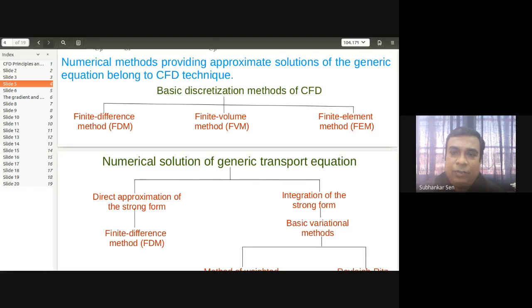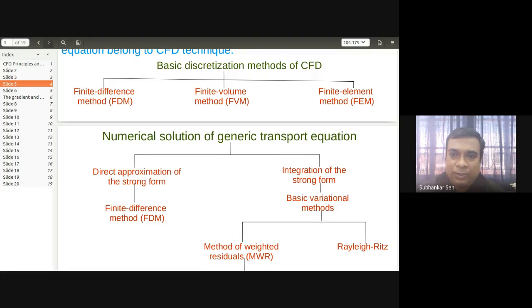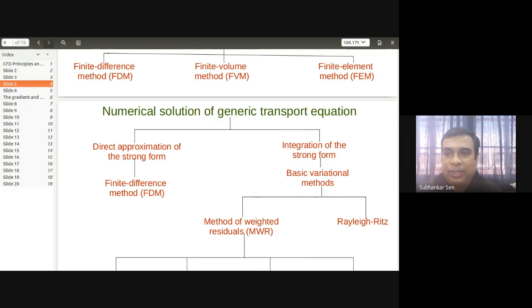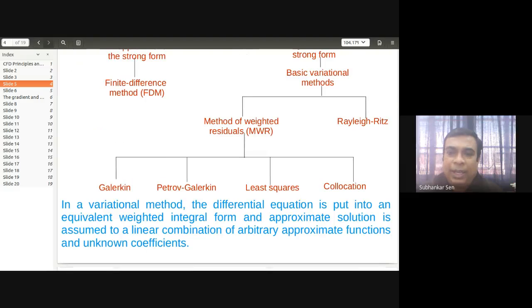The finite volume method operates on a structured mesh or also on an unstructured mesh, and the same for the finite element method. So the basic difference is that finite difference directly operates on the equation, but in finite volume and finite element, we integrate the governing equation. And the finite volume method is a special case of the finite element method.